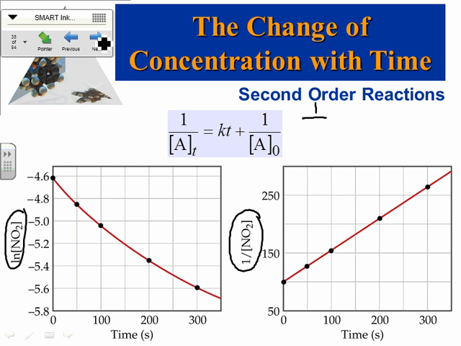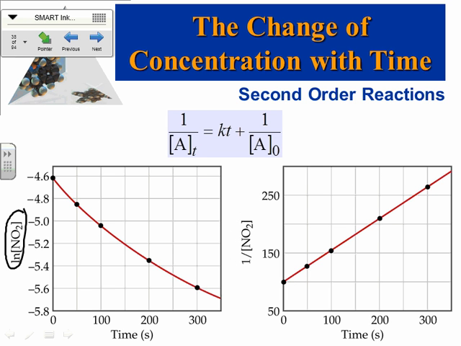But if you're taking the inverse of the concentration, so for example, let's say we start with 2 molar, okay, 1 over 2 molar, and then later on in the reaction we end up with 1 over 1 molar, obviously your numbers are actually getting bigger here, okay, because you're taking the inverse of the concentration. So that's why on this graph you end up with a positive slope. But it is still a straight line, okay? And that's why, notice there's no negative in front of the k on this one. There doesn't need to be because you have a positive slope, so your rate constant is going to end up being positive.